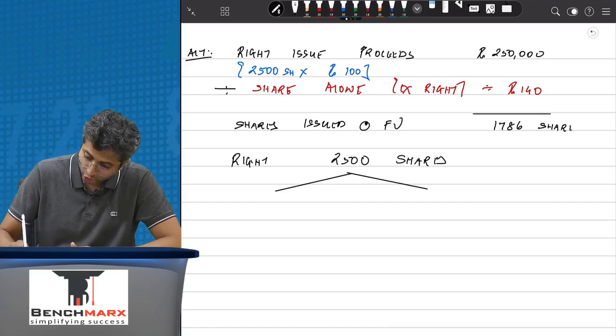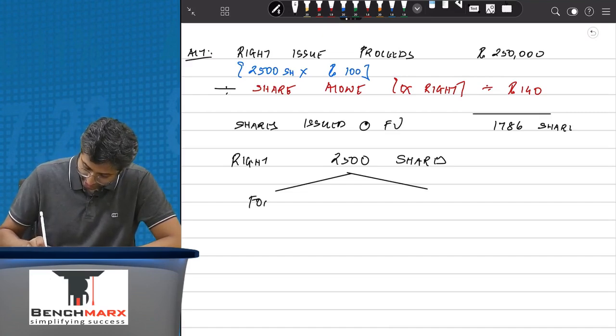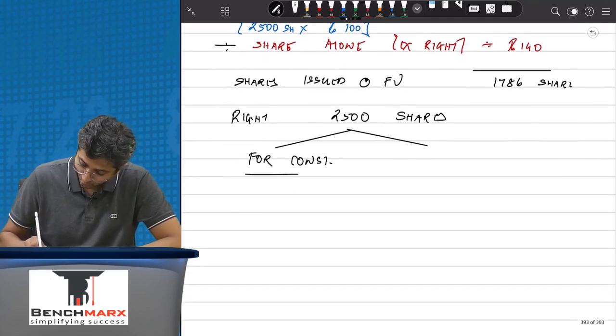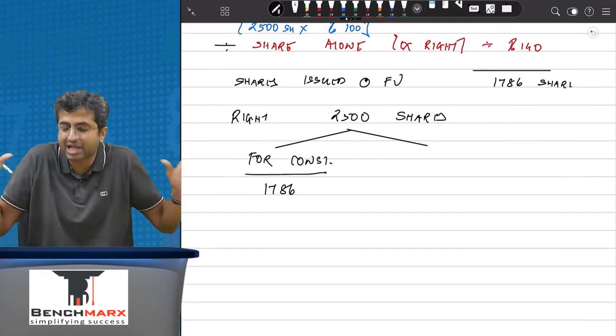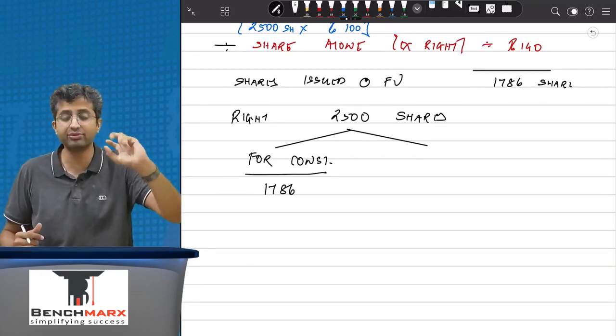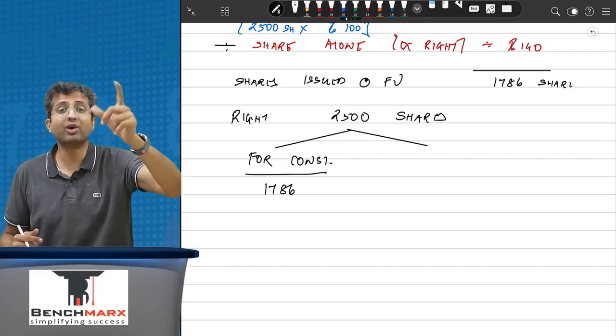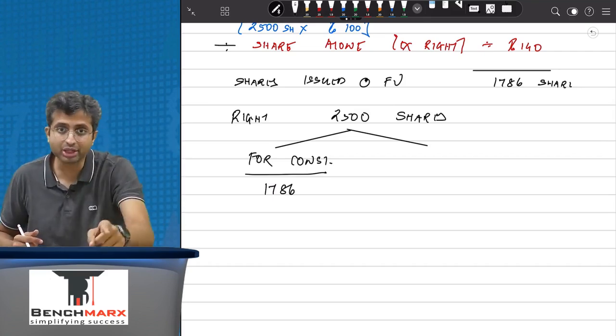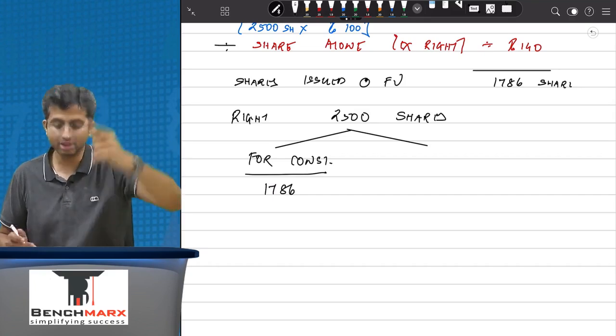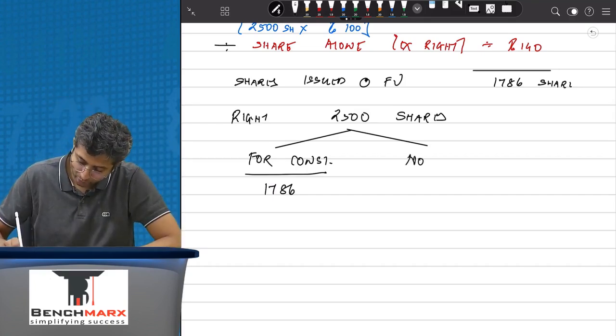My point is, you could have raised this 2,50,000 for a fair consideration. You could have issued 1786 shares. So it is as if, listen to this very carefully, it is as if you did an issue of 1786 shares for consideration, and then you did a bonus issue to issue shares for no consideration.